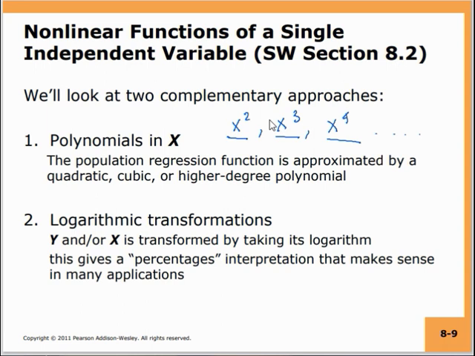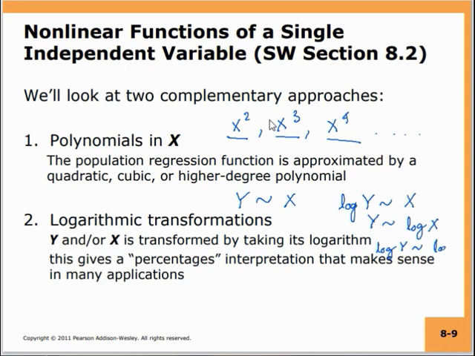Another thing to do is to include y and/or x transformed by taking its logarithm, which gives a percentages interpretation. So instead of directly regressing y on x, you could regress log of y on x, or you could regress y on log of x, or you could regress log of y on log of x.